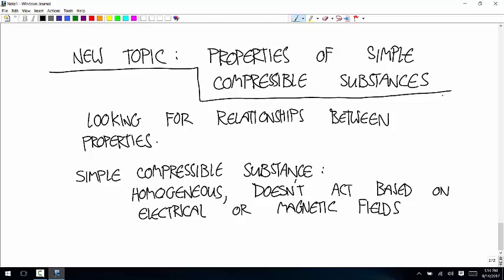And I say homogeneous, but that doesn't mean it has to be a single chemical. Air is a simple compressible substance, even though it's made up of a bunch of different chemicals. It's homogeneous because if you go over here, it has the same makeup as if you go over to this side of the room.